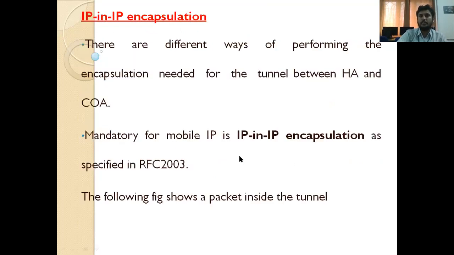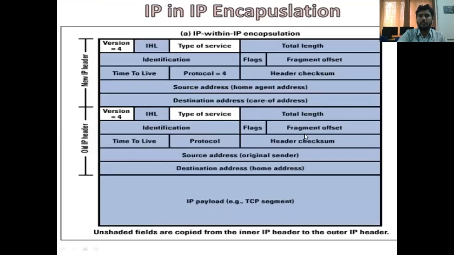What happens in IP in IP, minimal, and generic encapsulation, we covered in the last video. IP in IP belongs to the 32-bit representation. Here the packet is 32-bit, with payload, source address, and destination address. It has an old IP header and a new IP header.